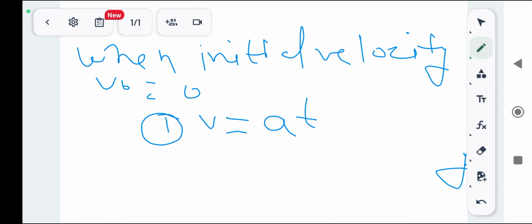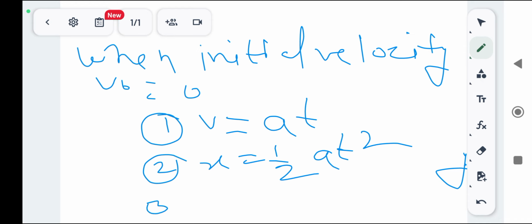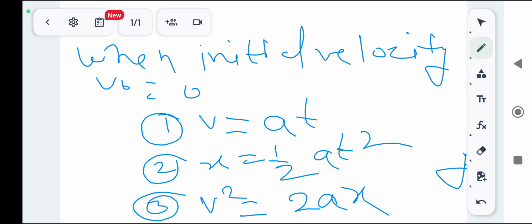Second is x is equal to half at square, and third v square is equal to 2ax. When initial velocity of the object is 0, then v is equal to at, x is equal to half at square, and v square is equal to 2ax.